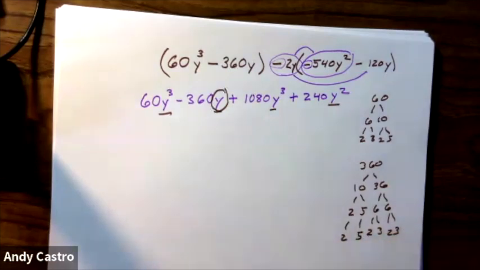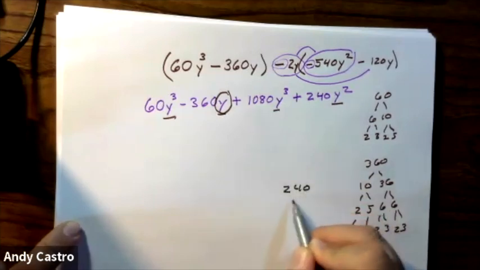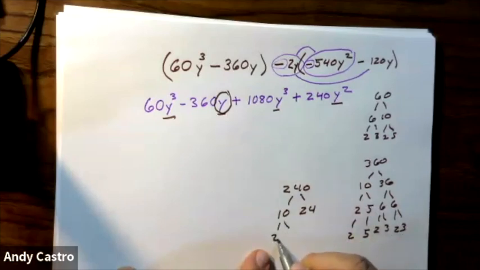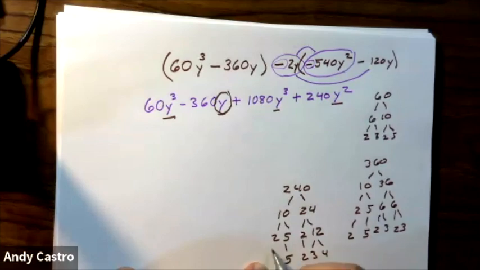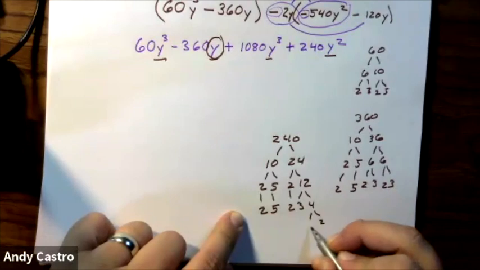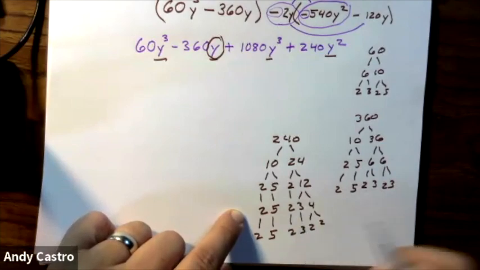All right, 240. That's 10 and 24. 10 is obviously 2 and 5. 24 is 2 and 12. 12 is 3 and 4. 4 is 2 and 2. So it's a 2, a 5, a 2, a 3, a 2, and a 2.